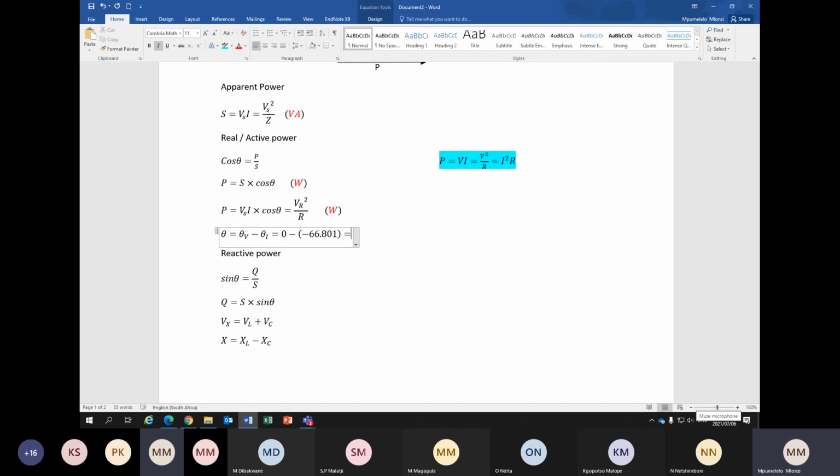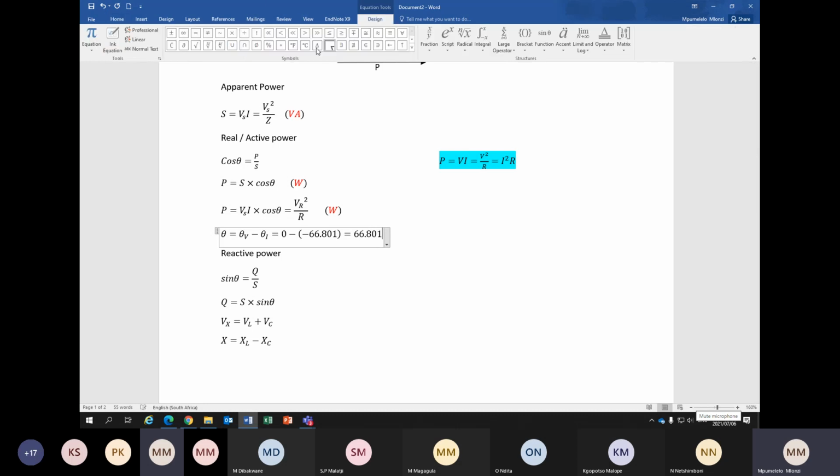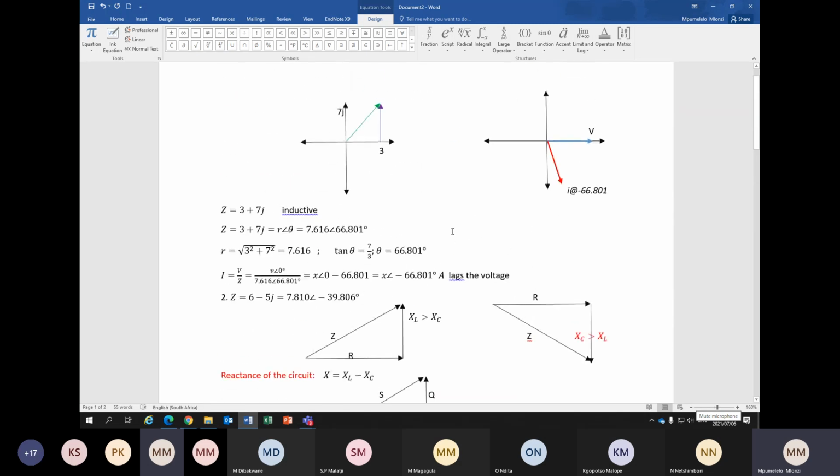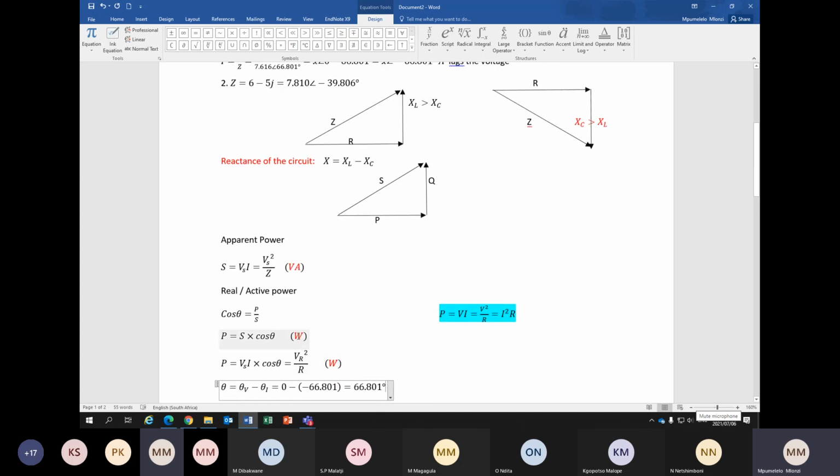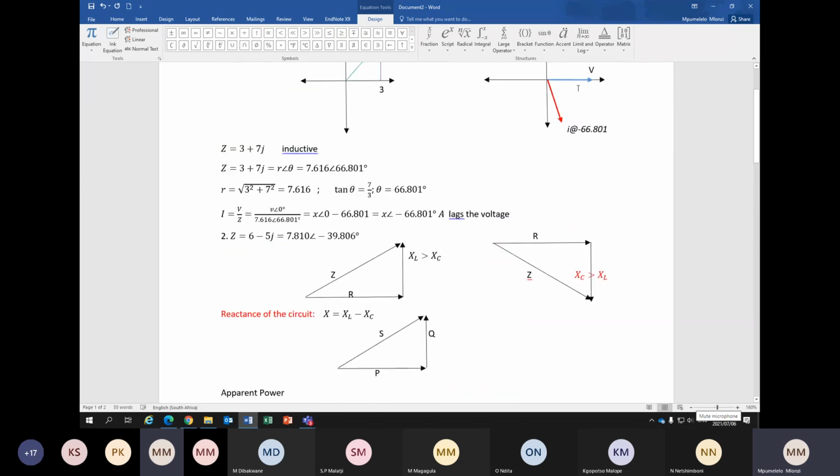Then our angle will be 66.801. This will be used when we have to calculate the real power and the reactive power, because this angle is always the angle between the supply voltage and the total current flowing in the circuit.